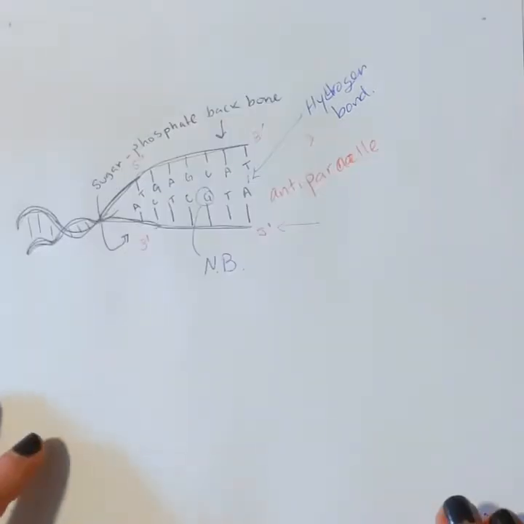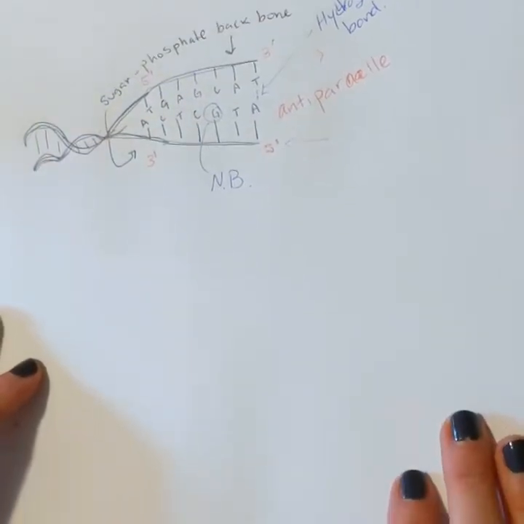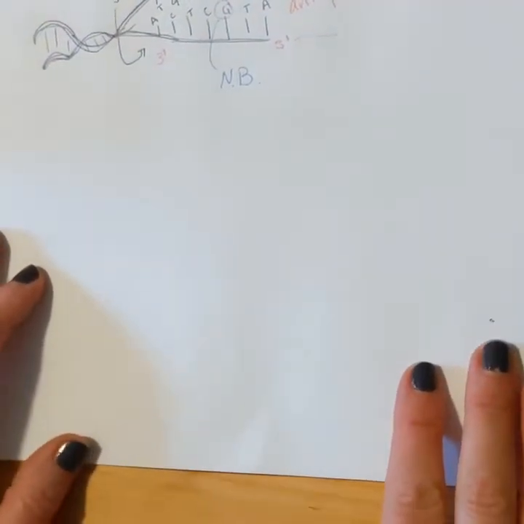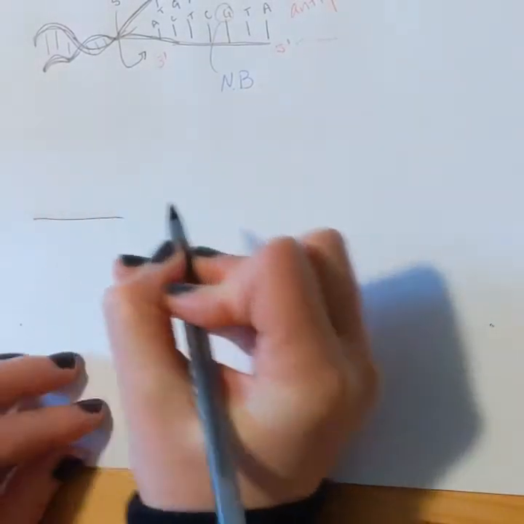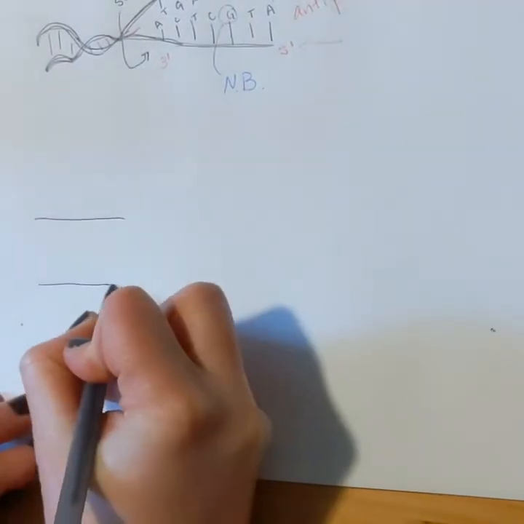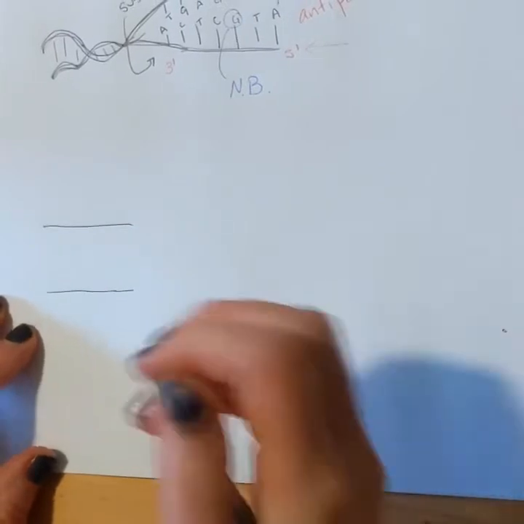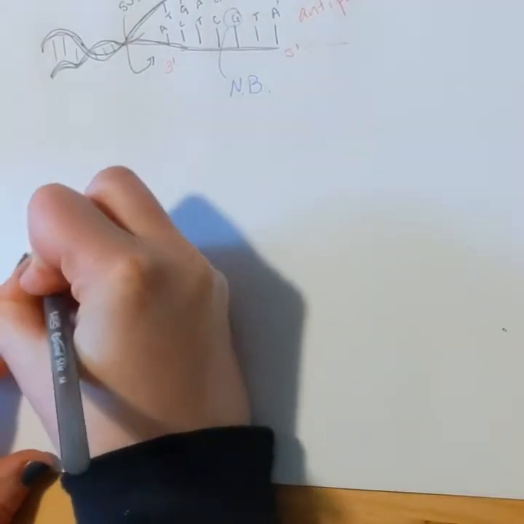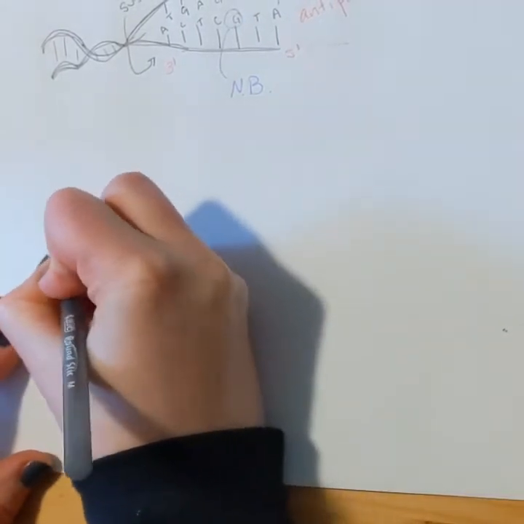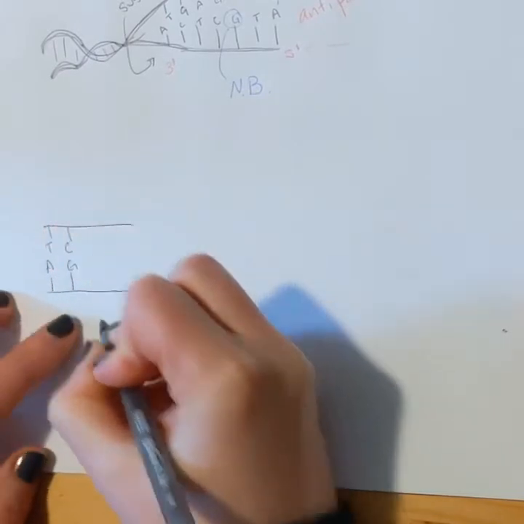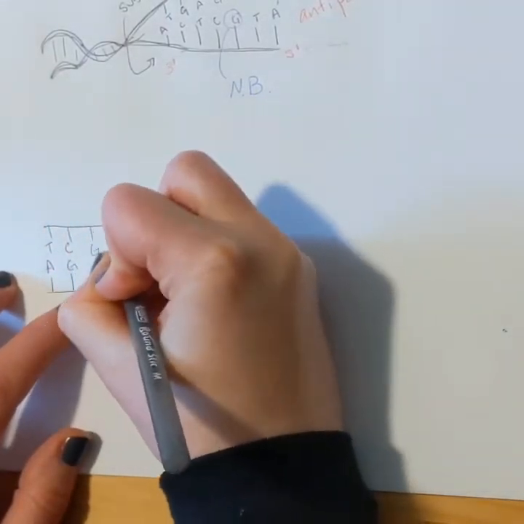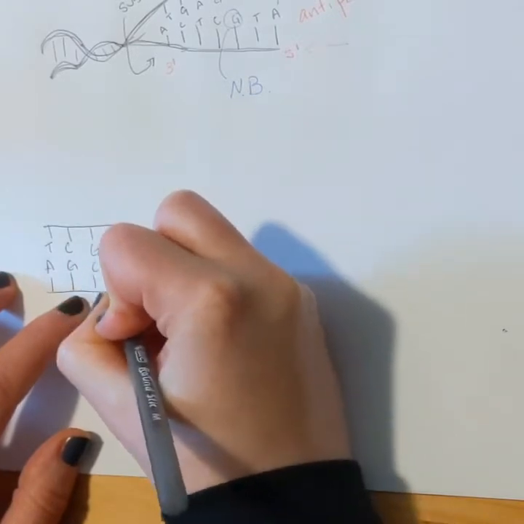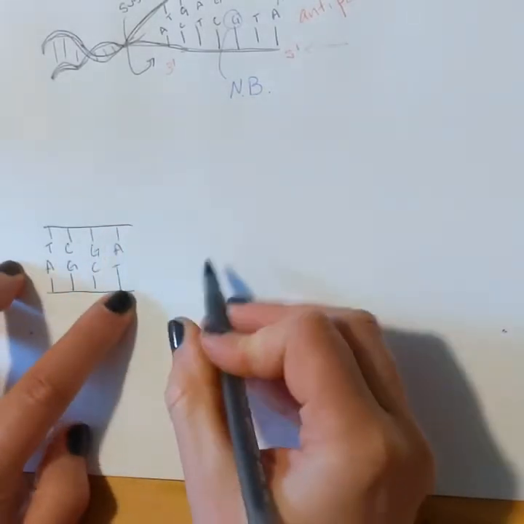To replicate our DNA, I'm going to draw it again. So I'm going to move this down. Cool. I'm going to draw the linear structure of my DNA again. My base pair's in the middle. A binds with T, C binds with G. That would continue. So I'd have G, C, A, T, whatever the sequence is.